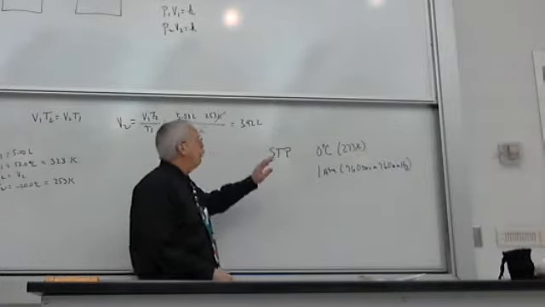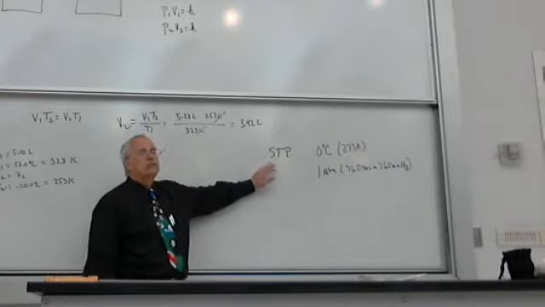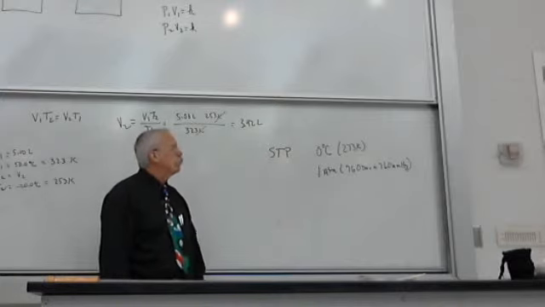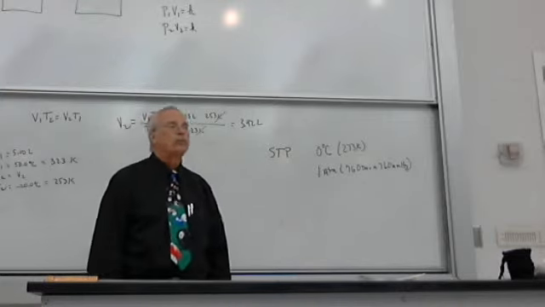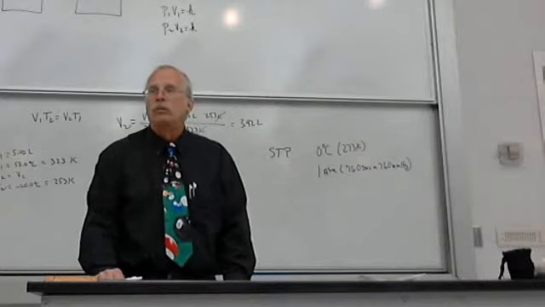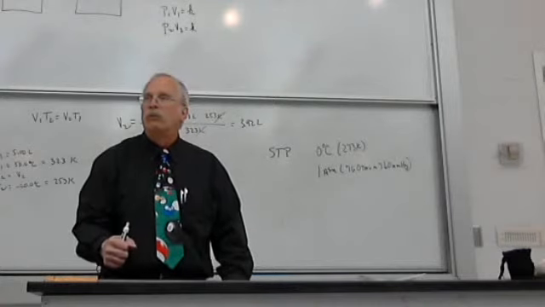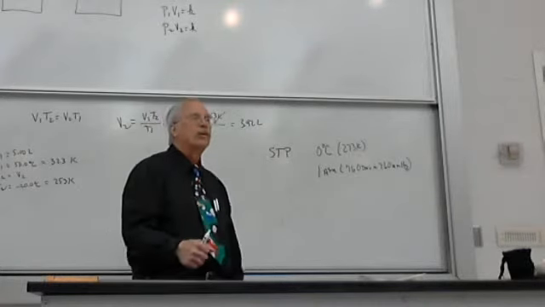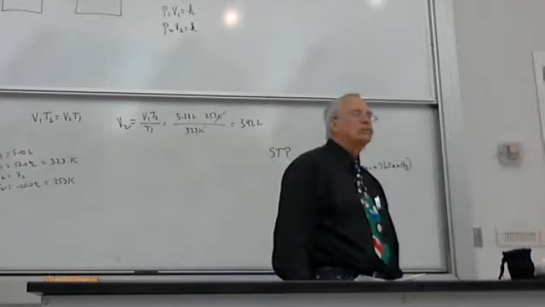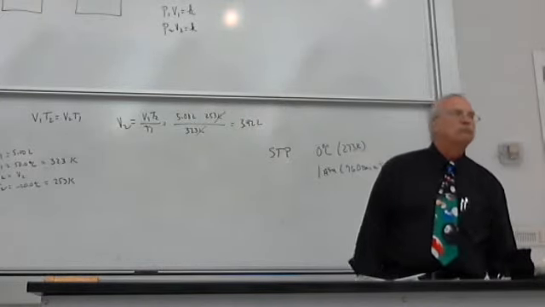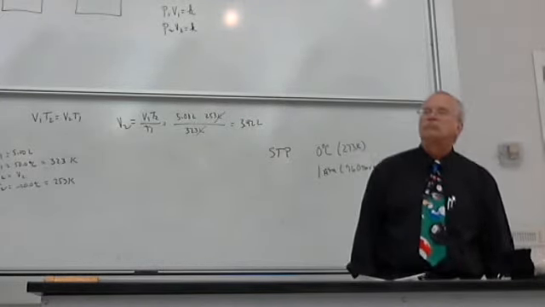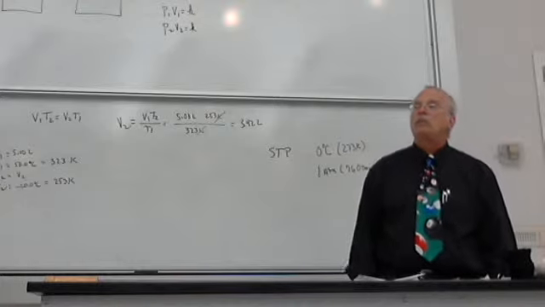But you need to know these standard conditions, so that if somebody comes up to you on the street and says, what are the standard conditions of temperature and pressure for gas law relationships? You will say 0 degrees Celsius, 1 atmosphere, without hesitation. Well, we need to know the 760 torr? No, I'll give you that.